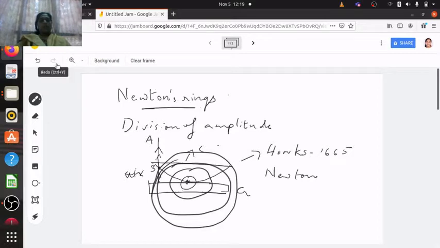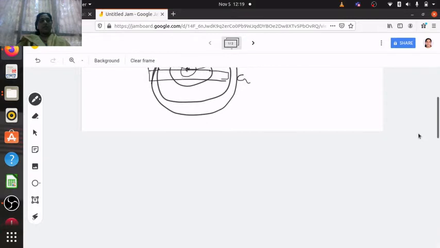So let us move towards the theory of this Newton ring arrangement.